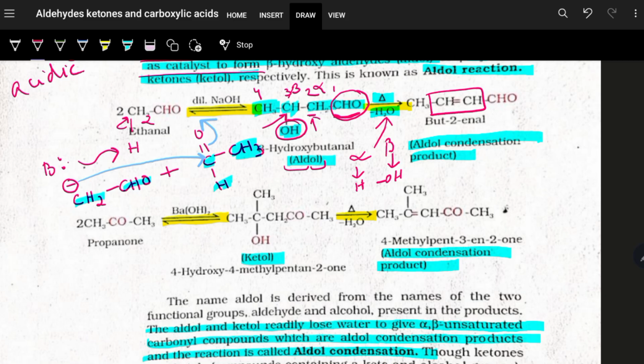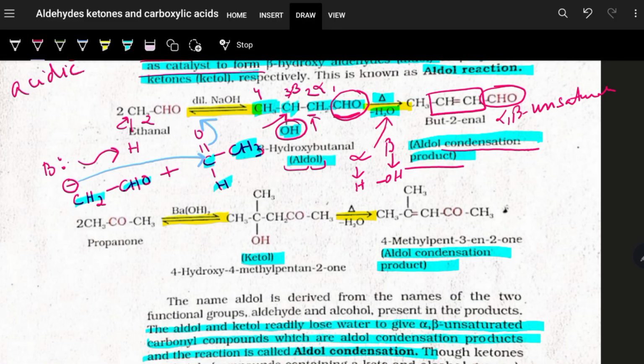So this is known as an alpha beta unsaturated carbonyl compound. You see there is a CHO group attached over here and it has alpha beta unsaturation, and this is your condensation product.